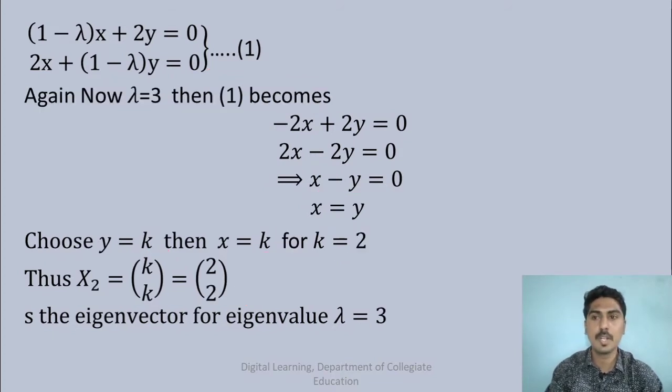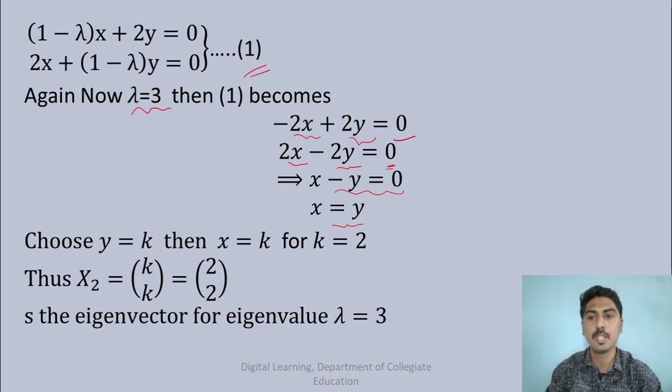Next, we have to find out the eigenvector corresponding to the eigenvalue lambda equal to 3. Again, you substitute lambda equal to 3 in the equation 1. You get minus 2x plus 2y equal to 0, 2x minus 2y equal to 0, or x minus y equal to 0, or x equal to y.